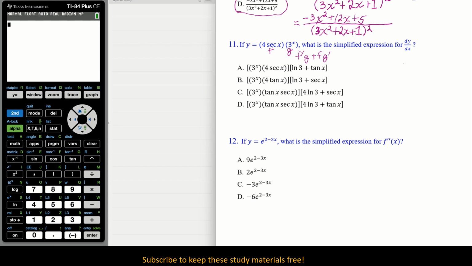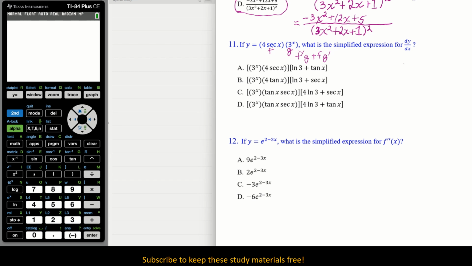Okay? So now that we look at that, and if you remember things I've said before, when we take the derivative of F, the 4 is just going to hang on and we just apply it in the end. What we need to look at for F is the derivative for secant x, and that just so happens to be secant x times tangent x.